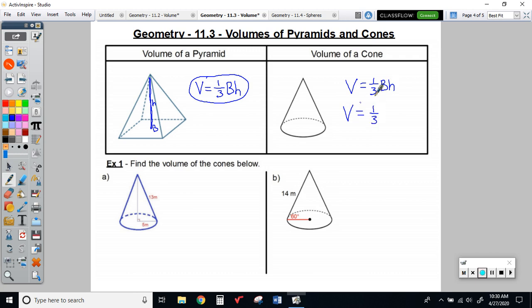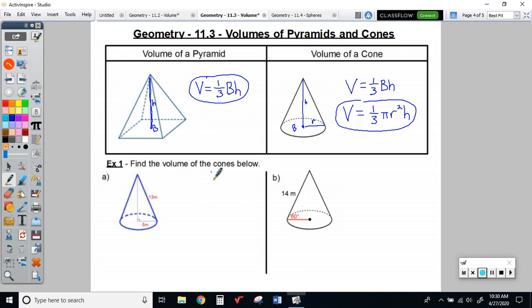But just like a cylinder compared to a prism, the base is always going to be just pi r squared. So I can replace B with pi r squared. The height would be the perpendicular height here, and you've got capital B there. The radius would be from the center of the circle to any point on the circle.